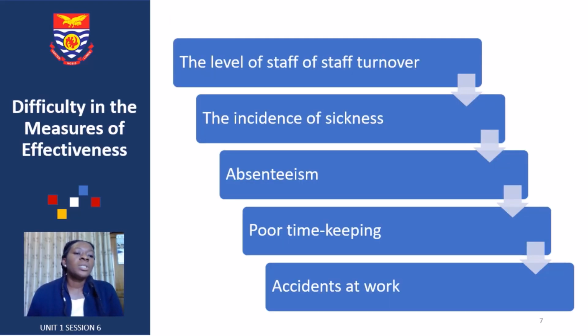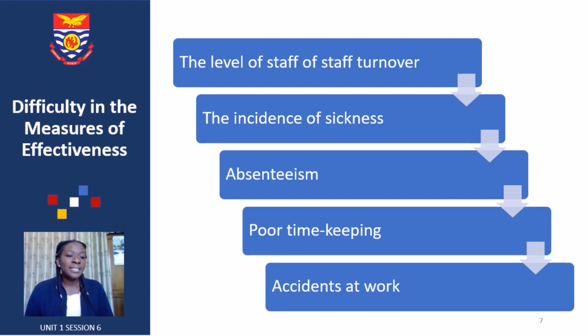There are some difficulties in the measures of effectiveness. One is the level of staff turnover. This is sometimes a bit hard to control, especially in this era where everybody's looking for a better gig somewhere.